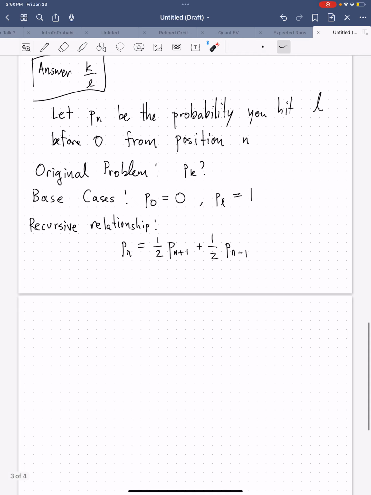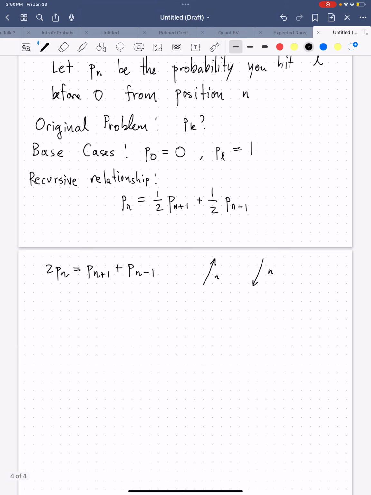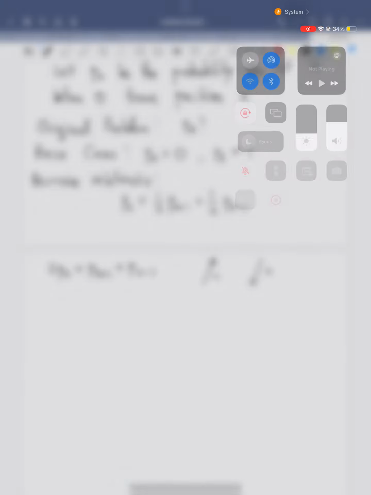So let's see what this recursive relationship tells us. Well, if we multiply by 2, then we get this thing. And now the idea is our sort of ordering is either to increase n or decrease n, and usually you have a 50% shot of which one works first.